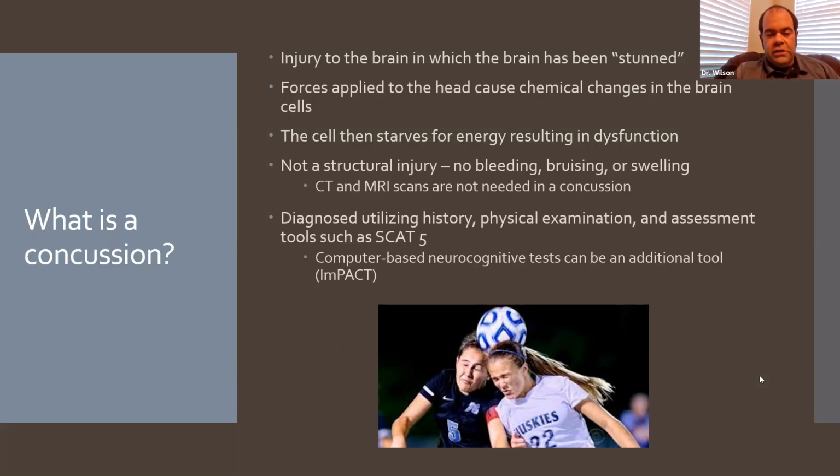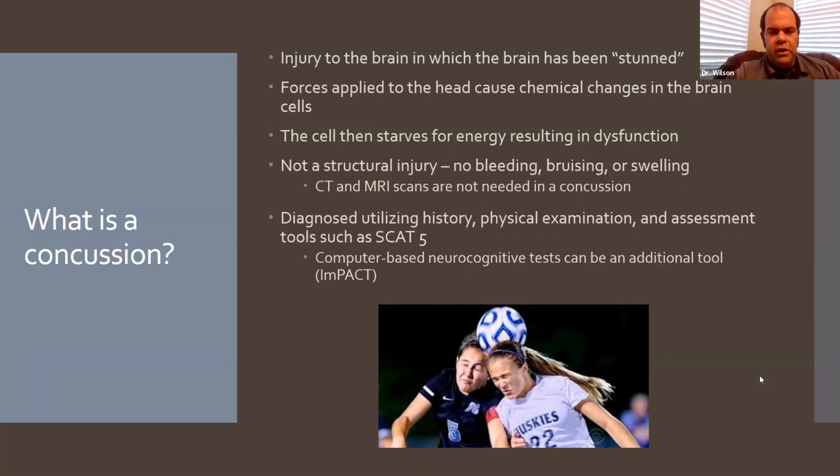There's also a child SCAT-5 for athletes aged 5 to 12, but what we use in the high school athlete would be the SCAT-5. And the 5 just stands for, it's in its 5th edition. Computer-based neurocognitive tests can also be additional tools that we use to diagnose and help monitor the concussion.